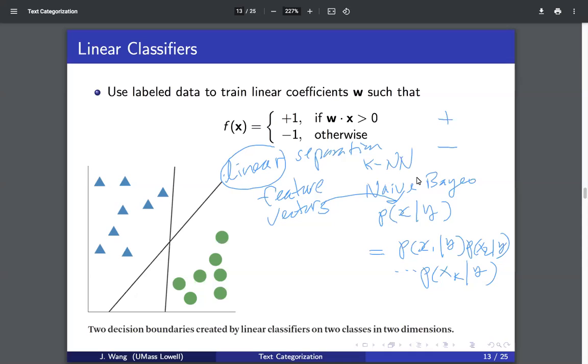Intuitively, this line is a better separation because of the margin, from the closest point to the line. If you draw a perpendicular to this linear space, that is its margin. It looks like the smallest margin is here.